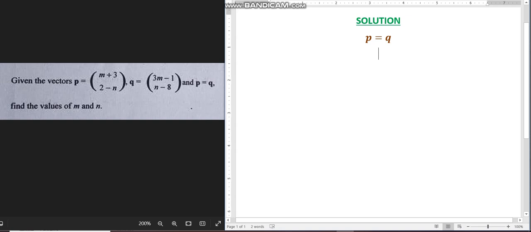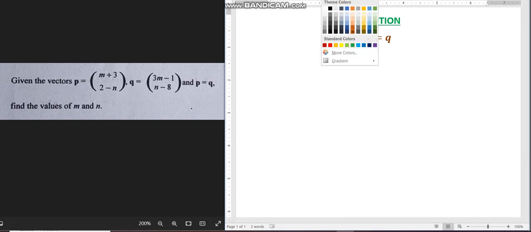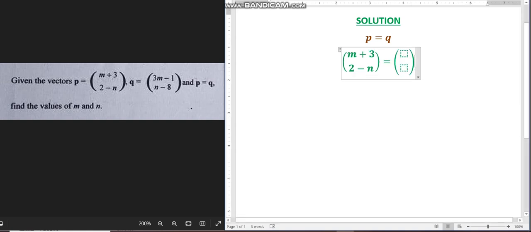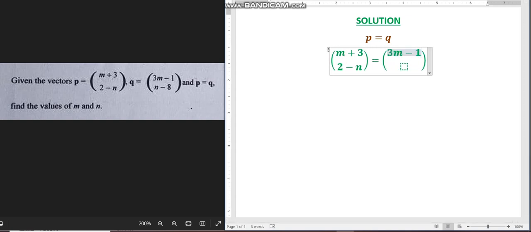So the vector p gives us (m + 3, 2 - n), and all this is equal to the vector q, which gives us (3m - 1, n - 8). So this is our second step.